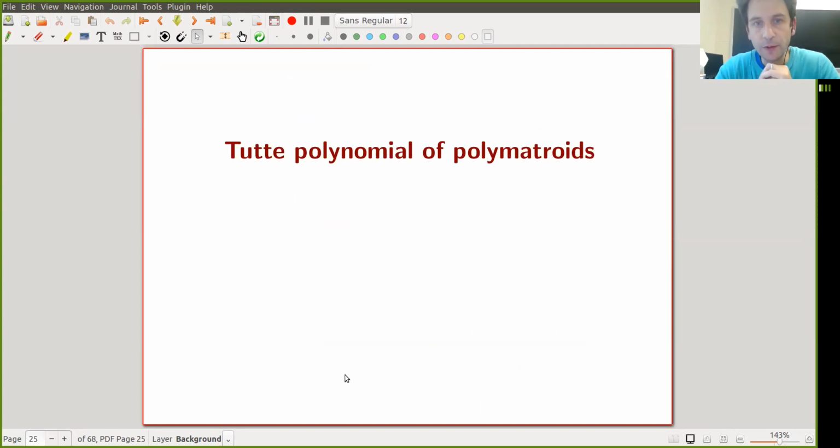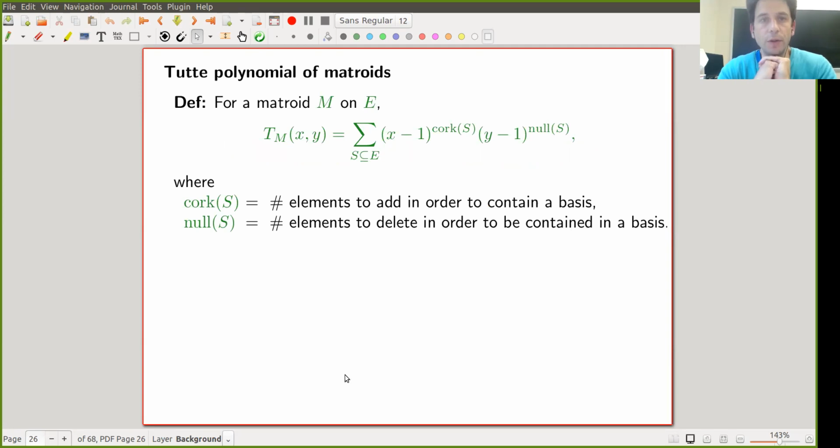So now, at this point, I have explained this natural generalization of matroids, and now I want to extend this matroid invariant, the Tutte polynomial, to the polymatroid setting. So what's the definition of the Tutte polynomial for a matroid M? I'm recalling this definition.